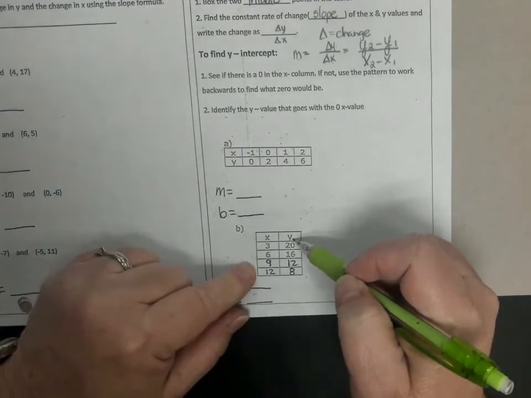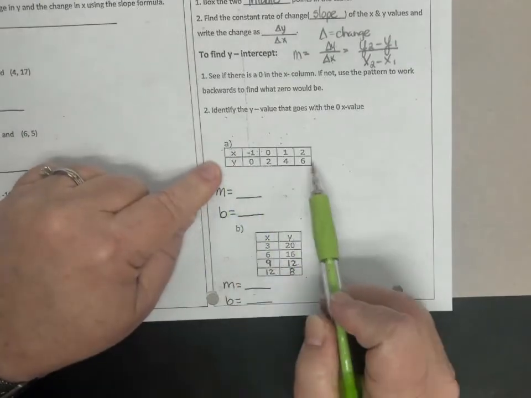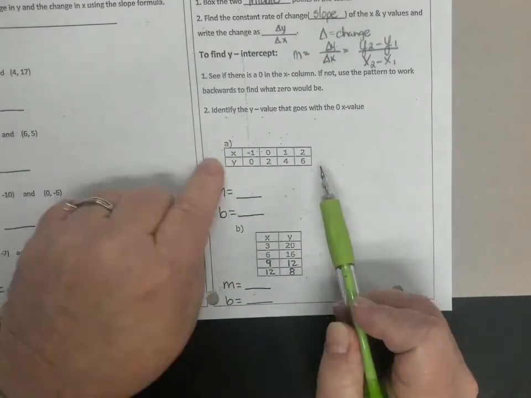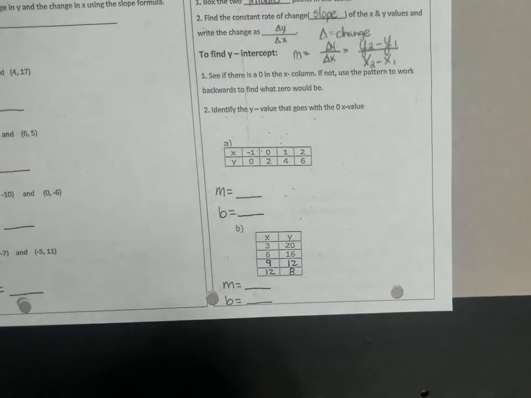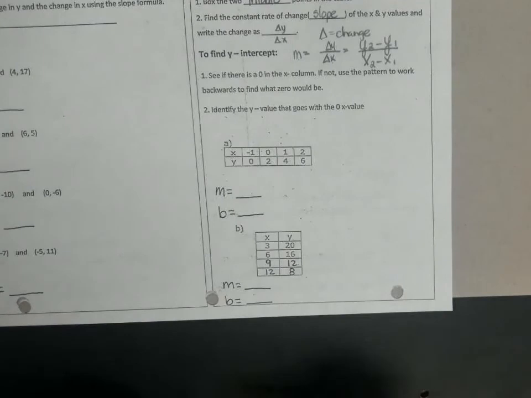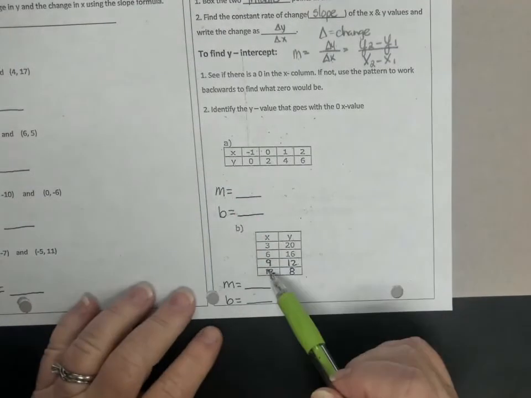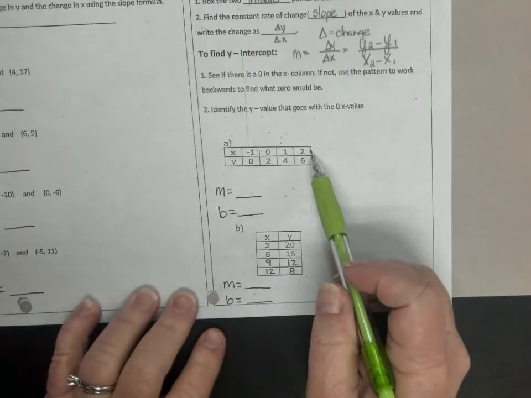I've maybe seen it once. The other way a table can be written is so that it's a cross. And you have to remember, they don't always identify it as x and y. They may identify it as shoes and shoelaces. So you need to just know x on this kind of table is always on the left, and on this kind of table, x is on the top, okay?